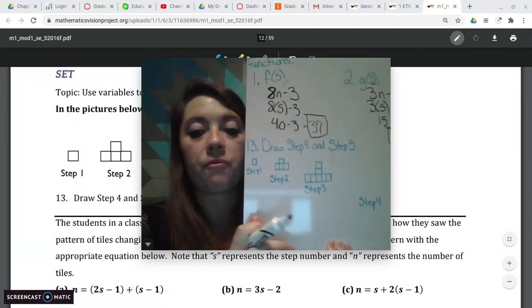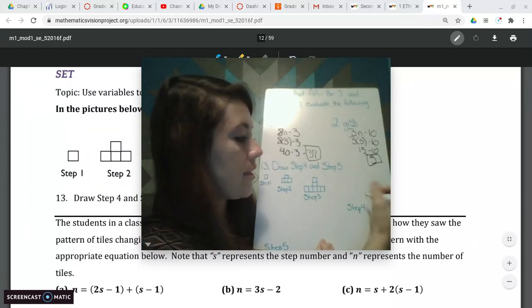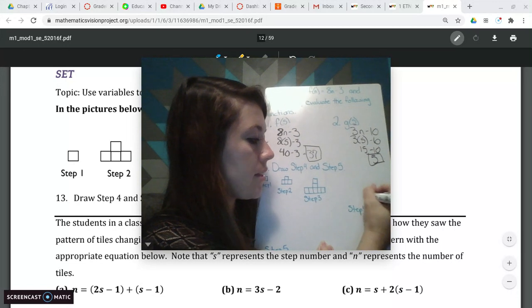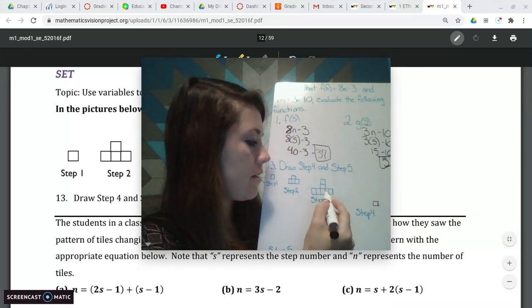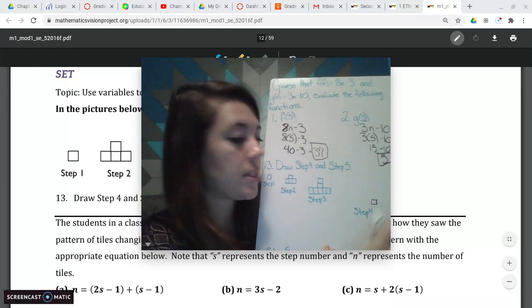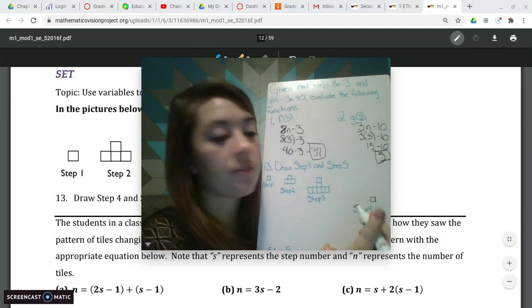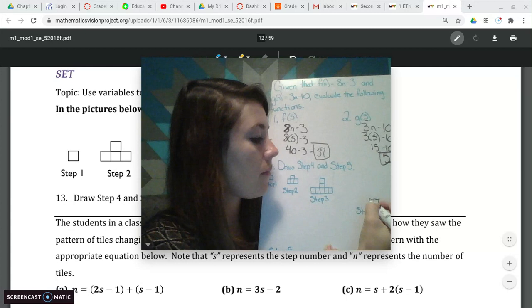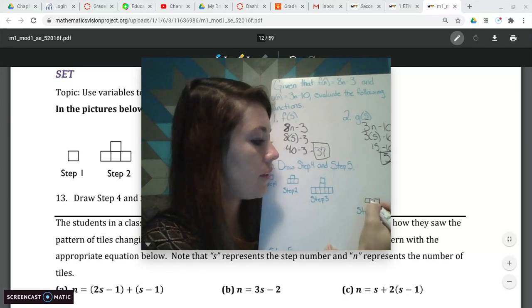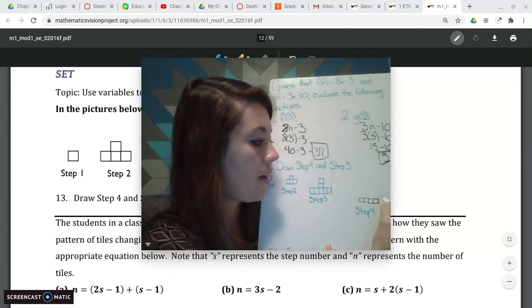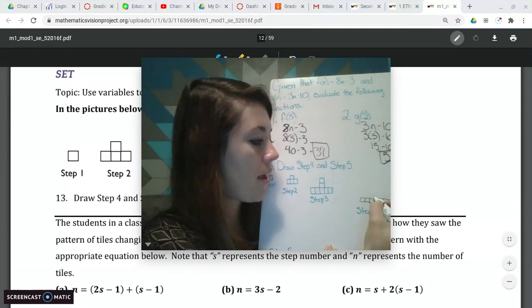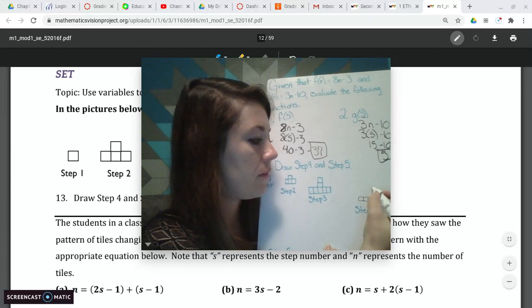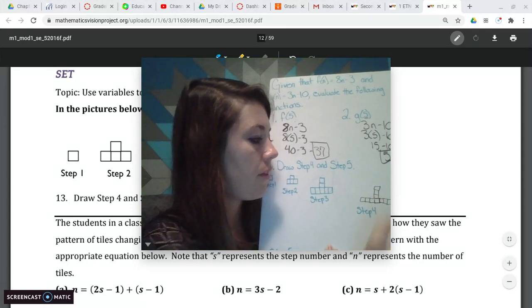So for step 4, once again, we're still going to have the box in the middle, but notice in step 3, we had 2 boxes on either side off of the center. So for step 4, we should have 3 boxes. So 1, 2, 3. Same thing to this outside, 1, 2, 3. And then same thing up, 1, 2, 3.